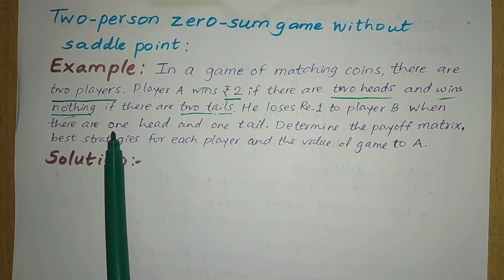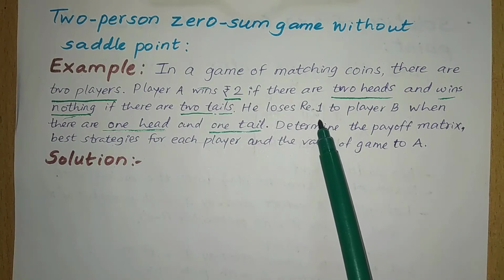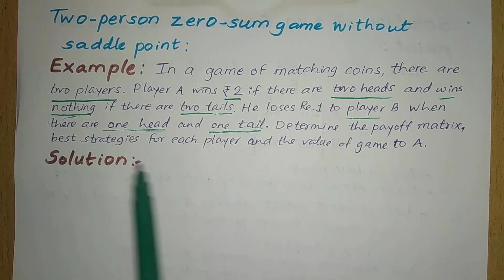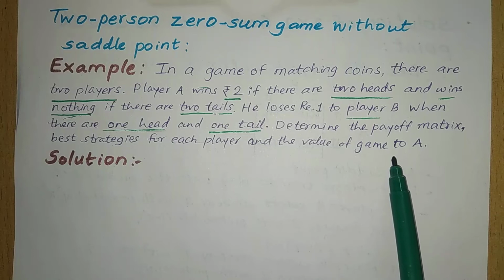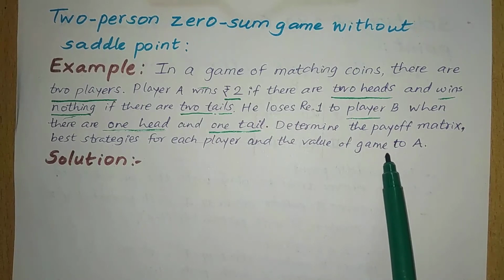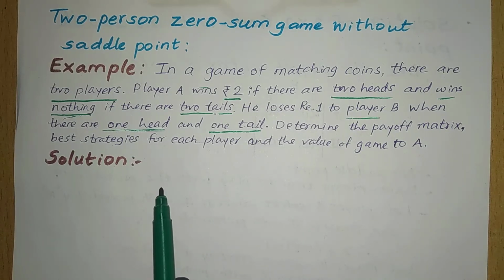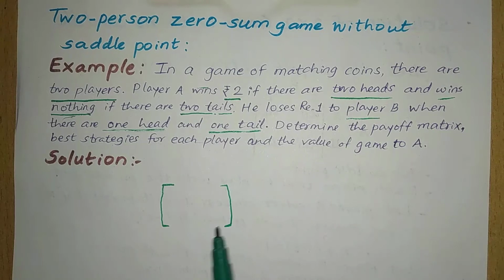That means if there is a mismatch, one head and one tail, there is a loss to player A, which is the gain or profit of player B. Here we have to determine the payoff matrix, best strategies for each player, and the value of game to A. If we write the payoff matrix with respect to the left-hand side player, that is player A, we will get the value of game with respect to player A. Now let us construct the matrix as per the alternatives available for each player.